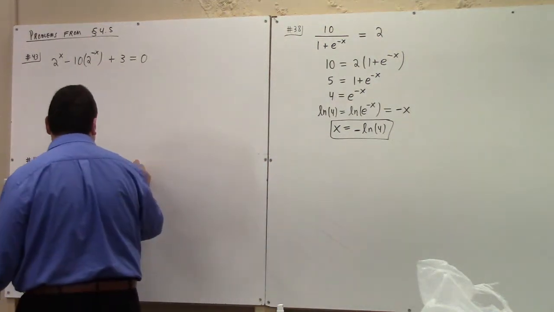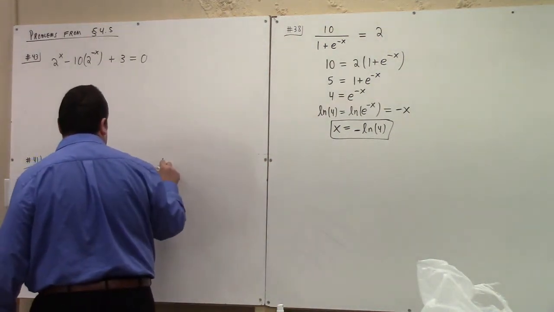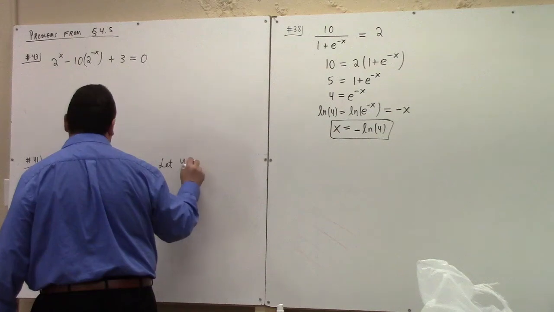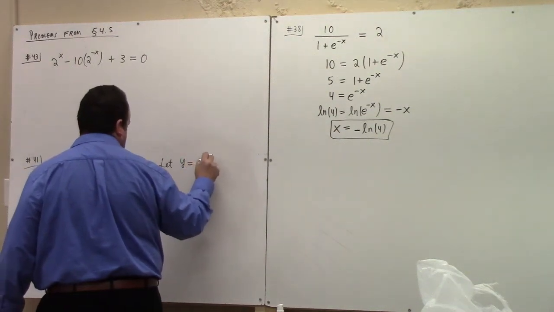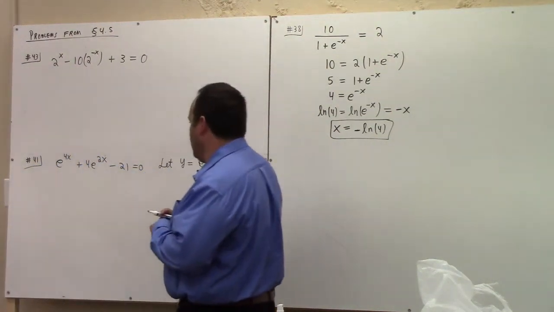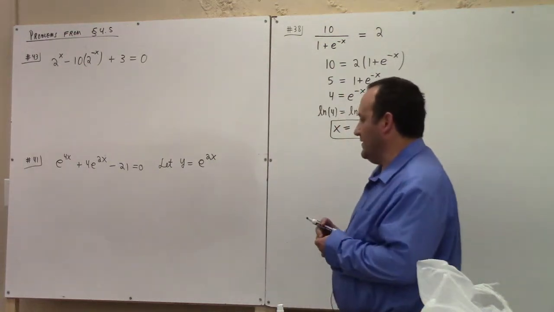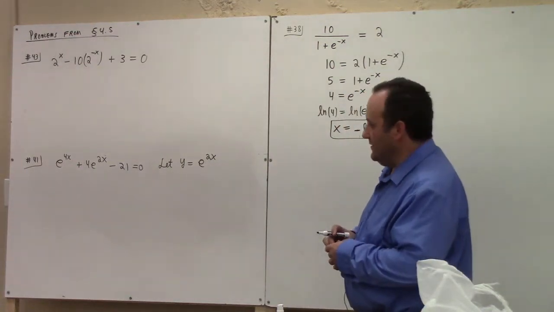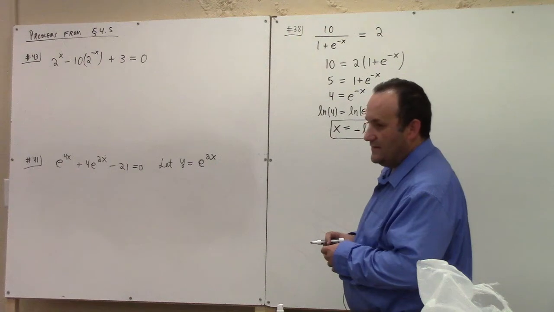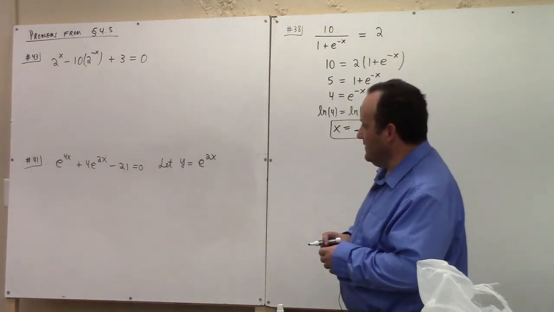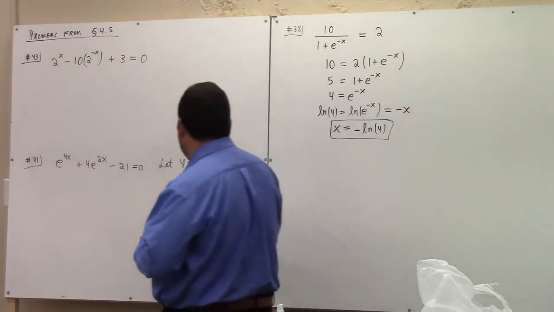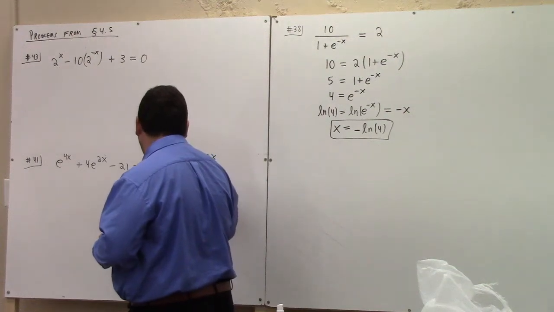So what you want to do here is let y equal e to the 2x. The reason we want to do that is because then we can look at this equation as a quadratic in y. What is e to the 4x equal to? Well, what's y squared equal to?